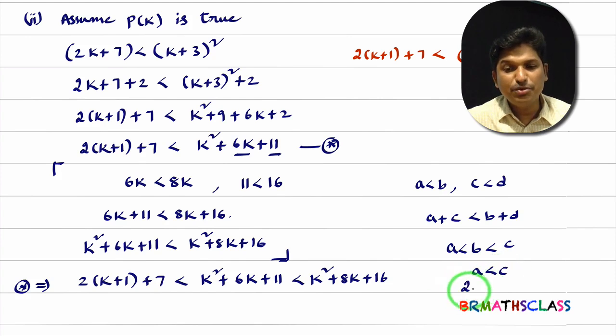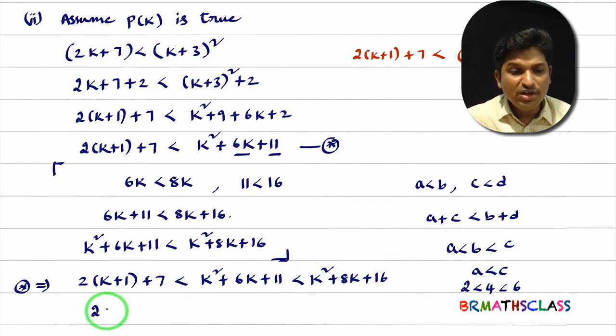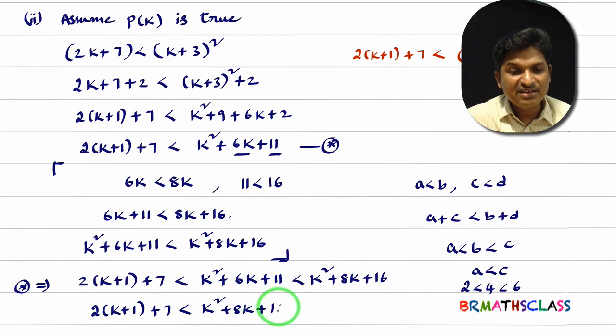It's a simple thing only. Suppose 2 is less than 4, 4 is less than 6. Is 2 less than 6? Obviously. Here you look, it is like A is less than B is less than C. What can I write from this? I can write that A is less than C. So 2 into k plus 1 plus 7 is less than k square plus 8k plus 16.